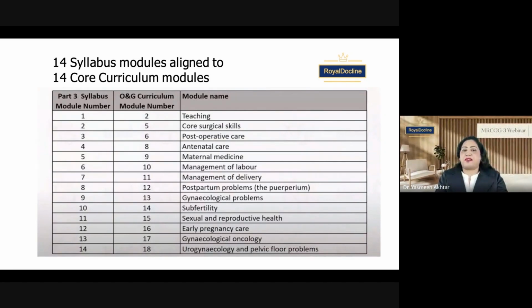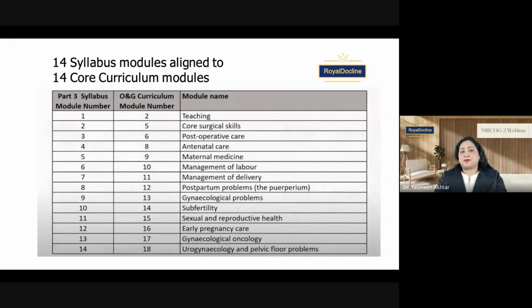You can see all of them: core surgical skills, post-operative care, antenatal care, maternal medicine, management of labor, management of delivery, postpartum problems, that is the puerperium, gynecological problems, that is general gynae, subfertility, sexual reproductive health, early pregnancy care, gynecological oncology, urogynae, and pelvic floor problems.